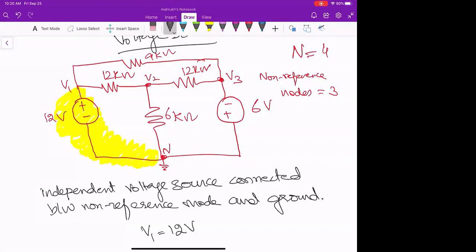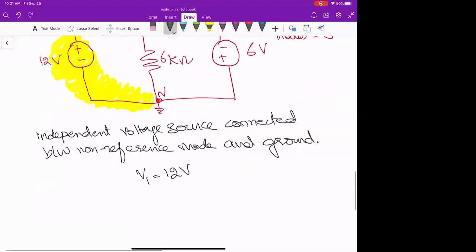Okay. So if there is a current source here, we can write the KCL. KCL says that we are writing the currents at the node, right? So we can write V1 minus V2, and then V1 minus V3. Those are the currents that are entering or leaving. But for the voltage source here, interestingly enough, we have the voltage source between node 1 and node N. What we can do with this information, we will see.